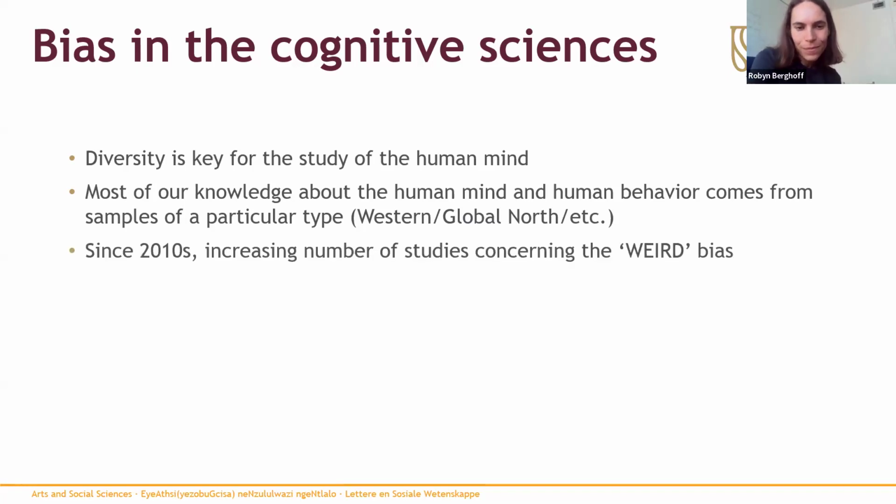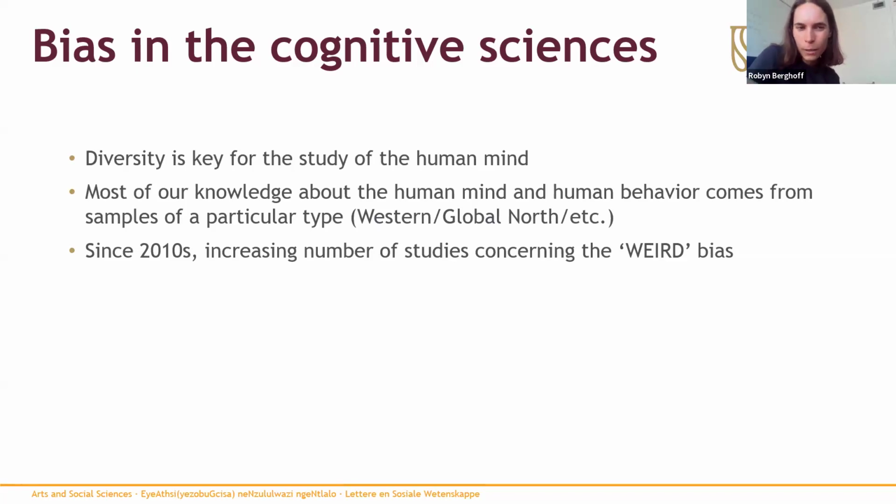And if such a bias indeed is prevalent, so if the cognitive sciences is relying so heavily on these so-called WEIRD samples, where this acronym WEIRD stands for Western, Educated, Industrialized, Rich, and Democratic, the idea is that this bias is problematic for the cognitive sciences because we can't make claims about human cognition in general if we're relying very heavily on samples that consist of a particular kind of human in a particular context.